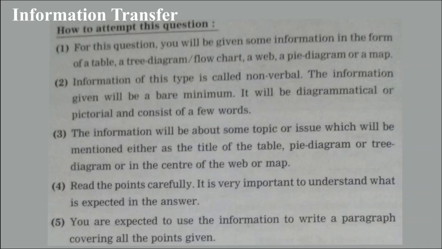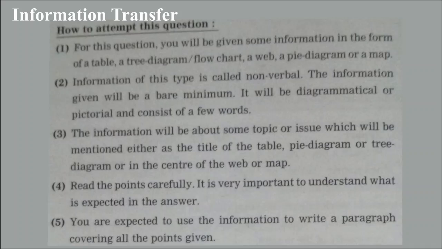Now, how do we attempt this question on information transfer? For this question, you will be given some information in the form of a table, a tree diagram, flow chart, a web, a pie diagram, or even a map. Information of this type is called non-verbal. The information given will be a bare minimum.